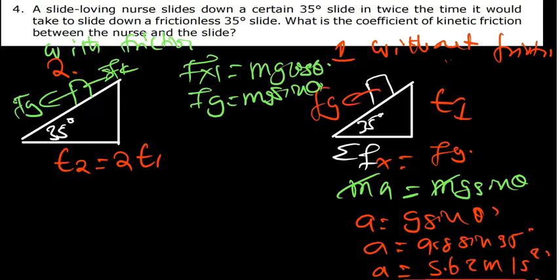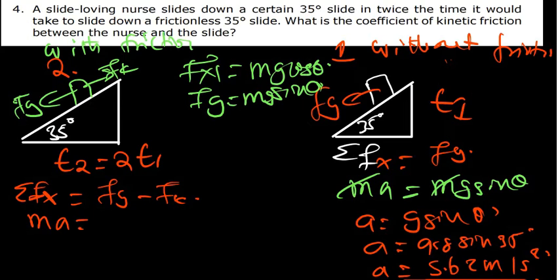For the second one, the summation of the forces in the x direction: we have Fg trying to pull the object down, but the friction force is opposing the motion. So mass times acceleration is equal to Fg, which is mg sine theta, minus the friction force, which is mu times the normal force. The normal force on an incline is mg cos theta.